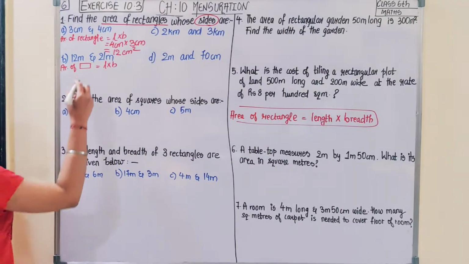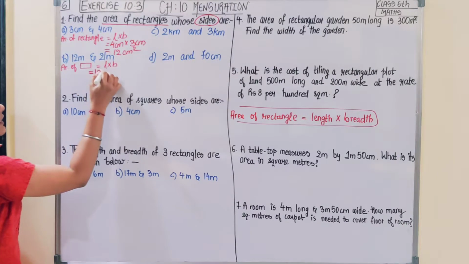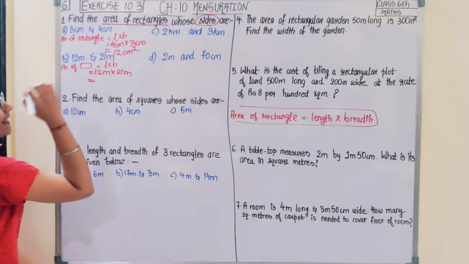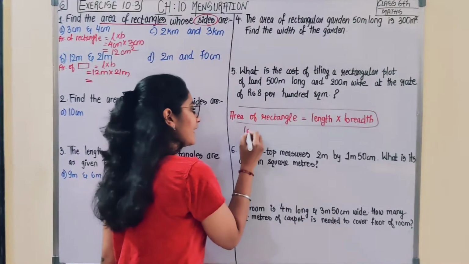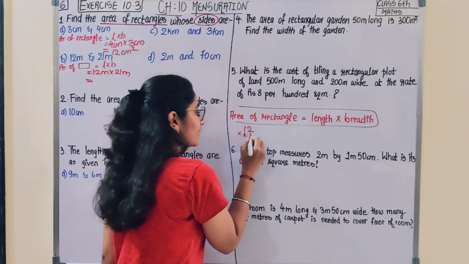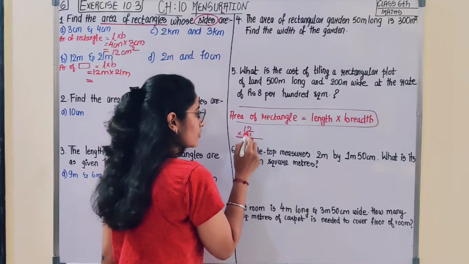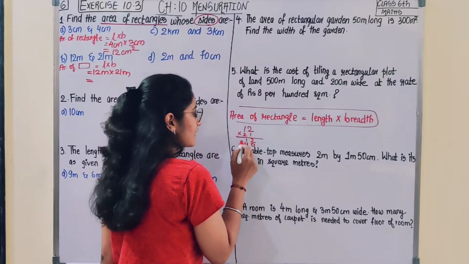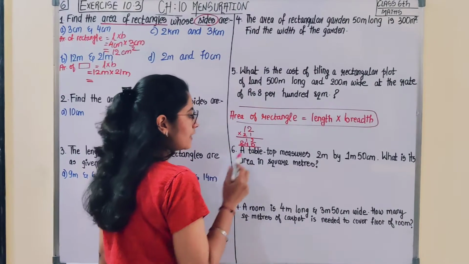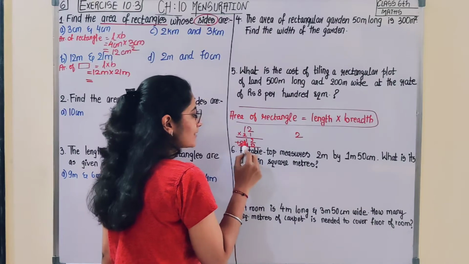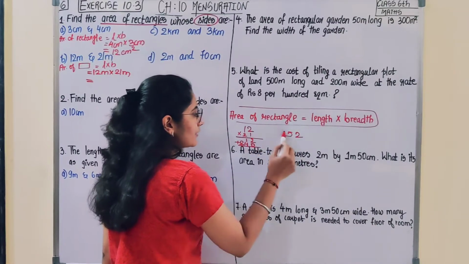So length is 12 meter into 21 meter. 12 multiplied by 21. 2 ones are 2, 1 ones are 1, 0, 2 twos are 4, 2 ones are 2. We have to add it. So 2, 0 plus 1 is 1, 4 plus 1 is 5, and 2.